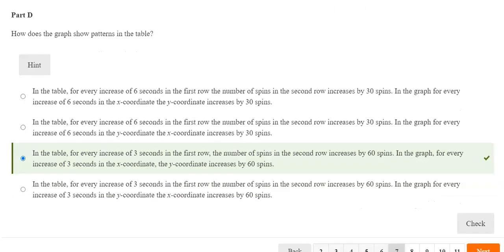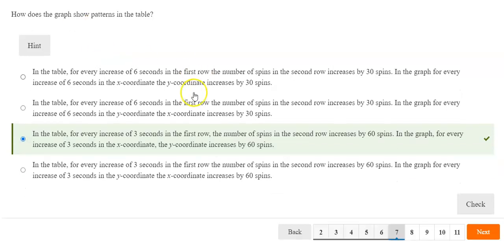And we're going to go with this one. In the table, for every increase of 3 seconds in the first row, the number of spins in the second row increases by 60 spins. And in the graph, for every increase of 3 seconds on the x-coordinate, so the x-coordinate is the horizontal, every time we go over 3, we go up 60 in the y-coordinate.